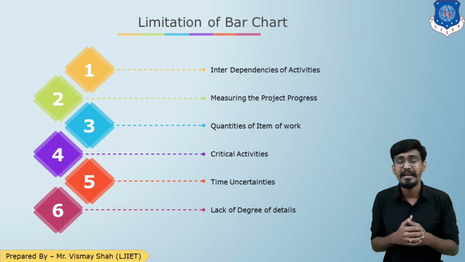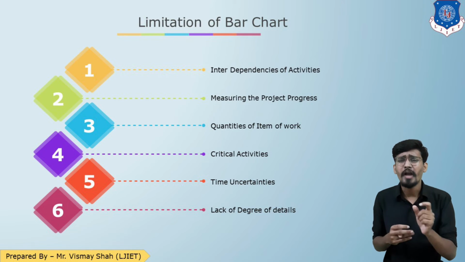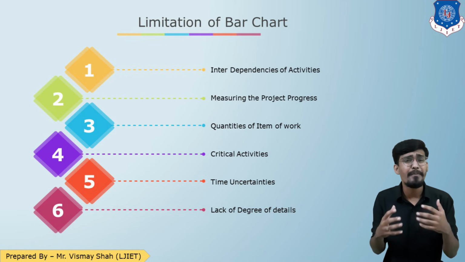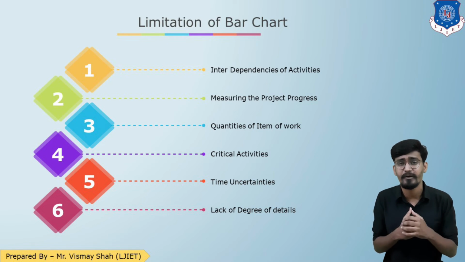Now the third limitation is quantities of items of work. Students, in the bar chart, as we have seen in the example, you cannot show the quantities of items of work. You can only represent the activity and its duration. So you are not aware of the quantum of work you are performing.